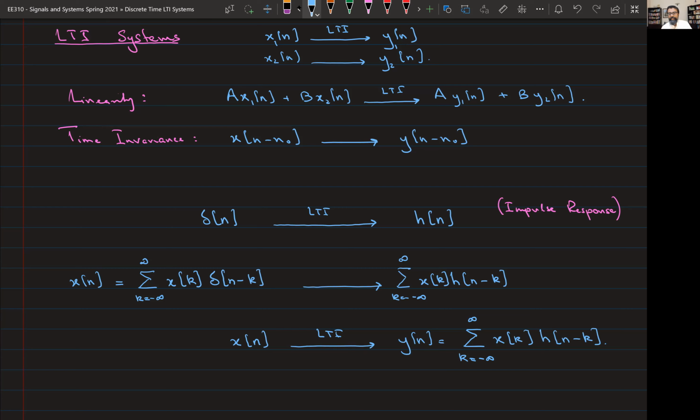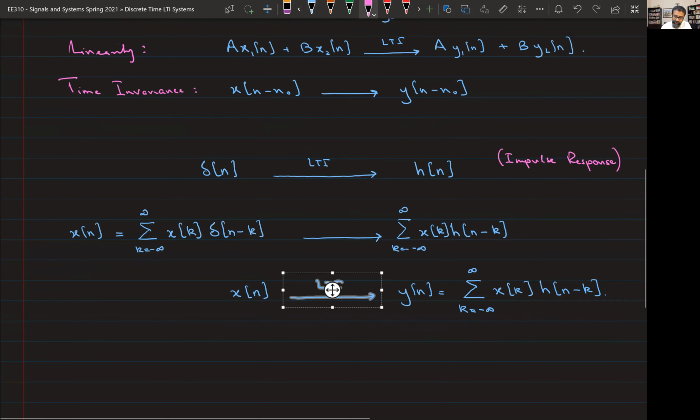And this convoluted looking summation is called the convolution sum. Just like we had the convolution integral, now we have the convolution sum in the discrete time case.